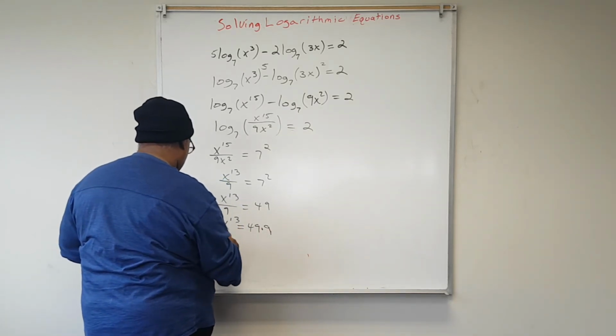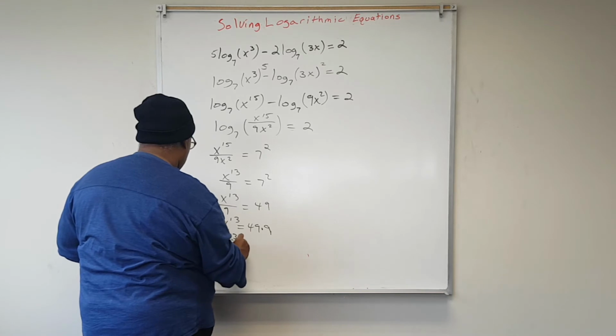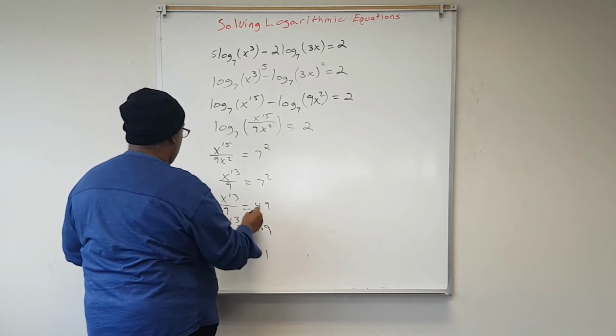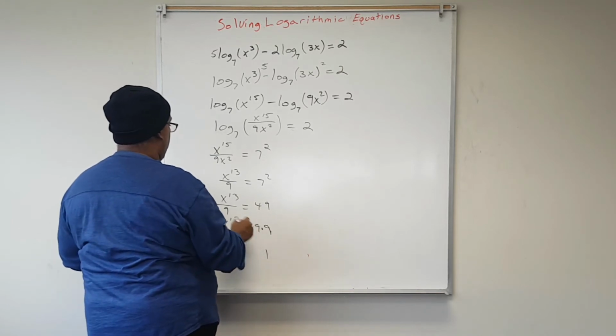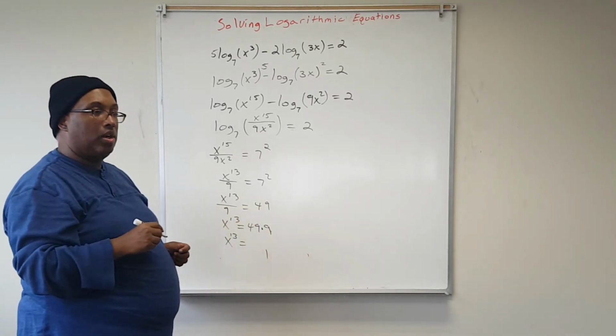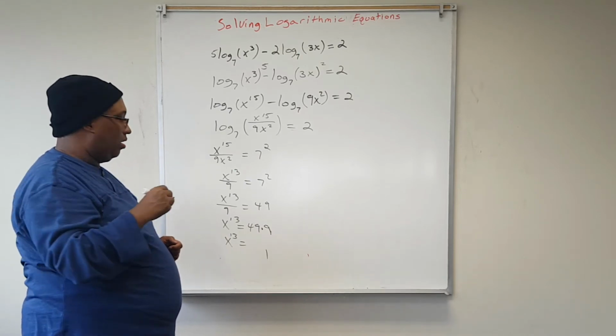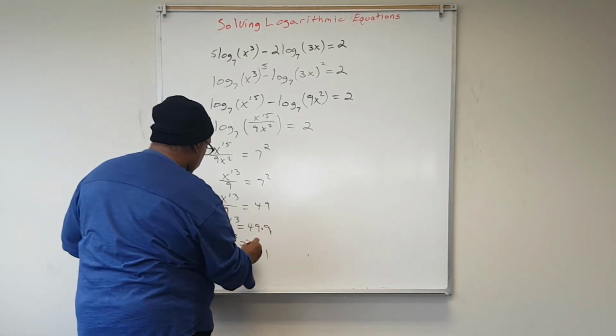And x to the 13th equals 9 times 9 is 81. Carry the 8. 9 times 4 is 36. 36 plus 8 is going to be 44.